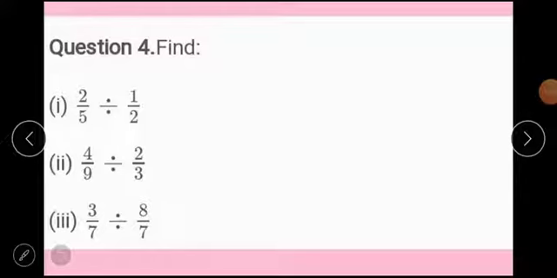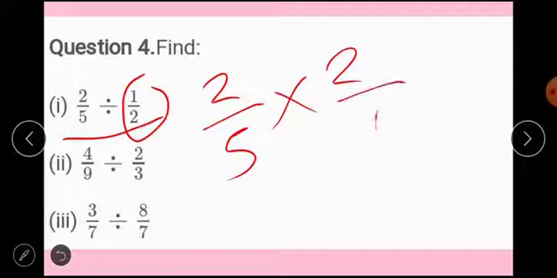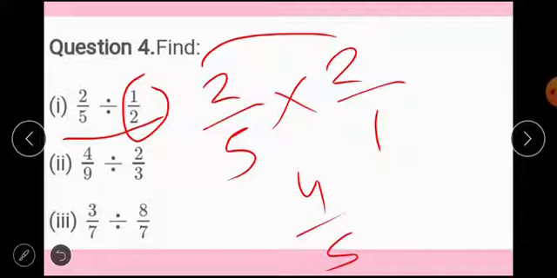Find 2 by 5 divided by 1 by 2. Again 2 by 5 as it is, convert divide into multiply, and take the reciprocal of the next number, that will be 2 upon 1. According to the multiplication rule for fractions, you multiply the numerators first. So 2 into 2 will be 4 and 5 into 1 will be 5. So the answer will be 4 upon 5.